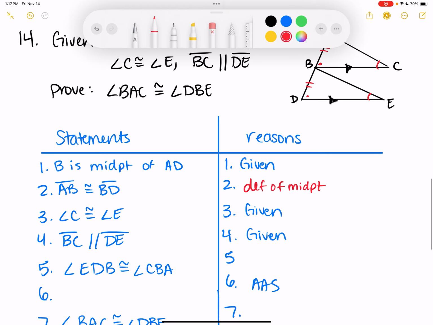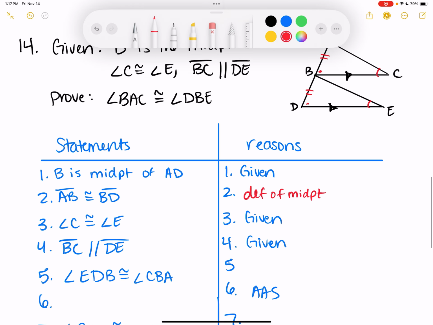What would the reason for that be? Keep in mind, these are parallel lines. Would it be corresponding? It's the corresponding angles postulate.